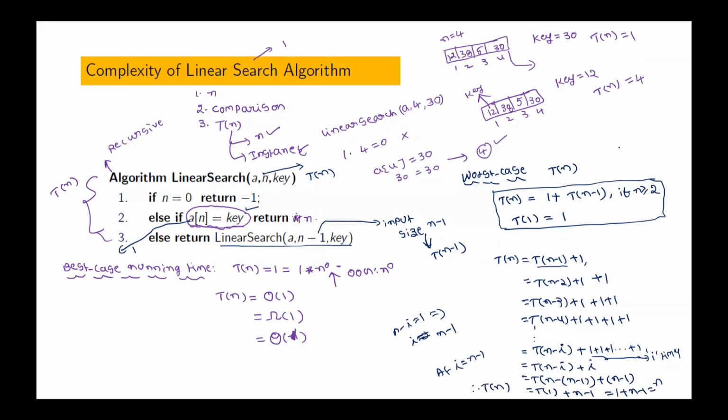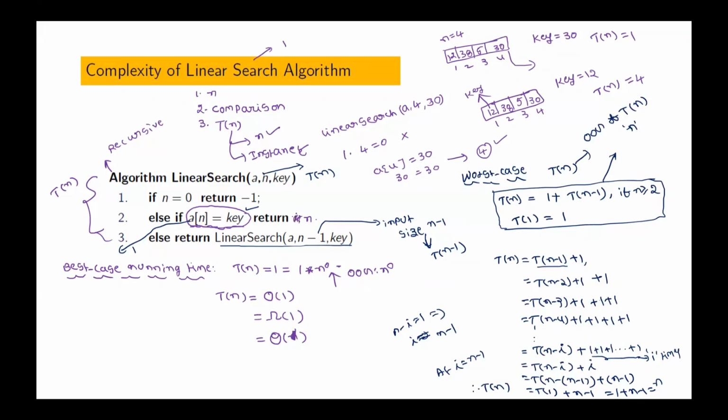What is the order of growth of T of n? It is n only. Order of growth of T of n is n only. Is that okay?